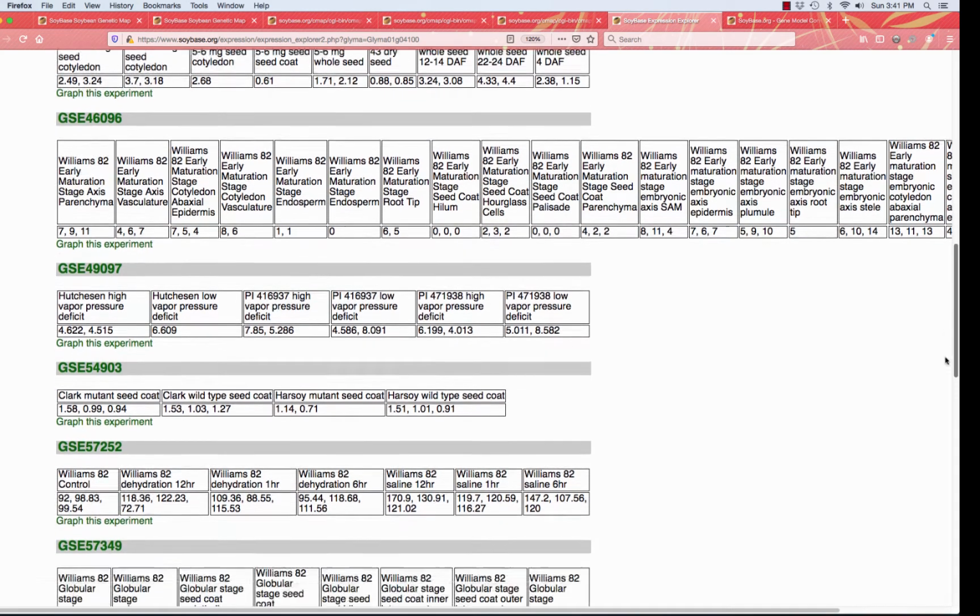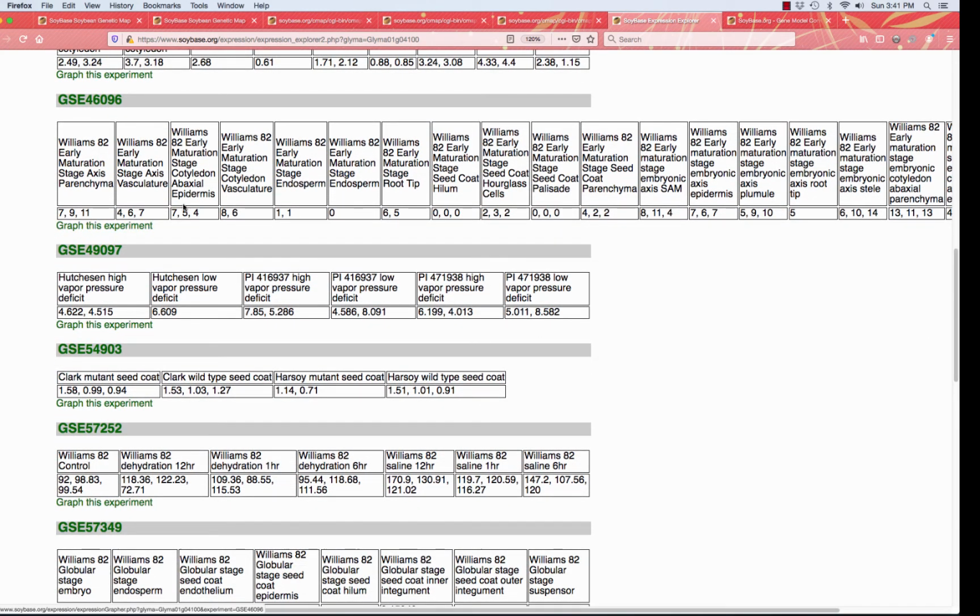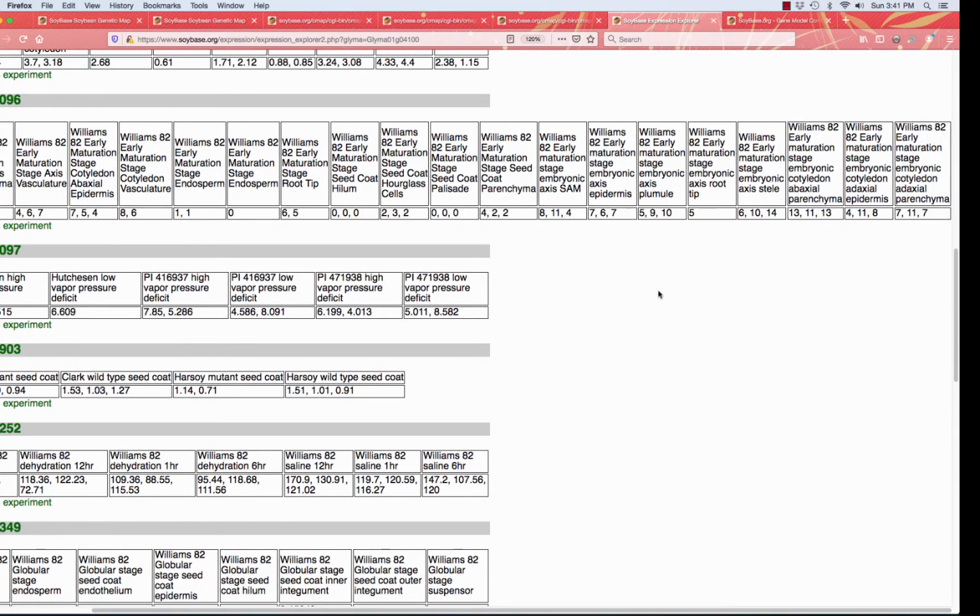And if we look down at this next large experiment and we peruse the values, we can see that the values start to come really up in Williams 82 early maturation stage embryonic axis stele and the embryonic cotyledon, abaxial parenchyma and embryonic adaxial epidermis, which shows through partially through the seed coat, so they might be involved or show us that this gene is involved in seed coat color.